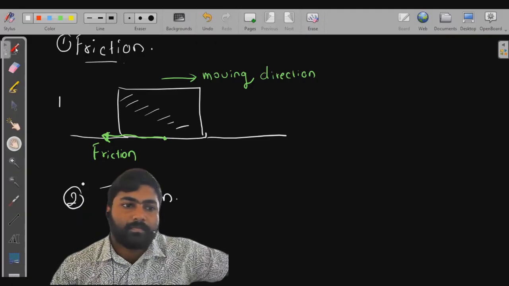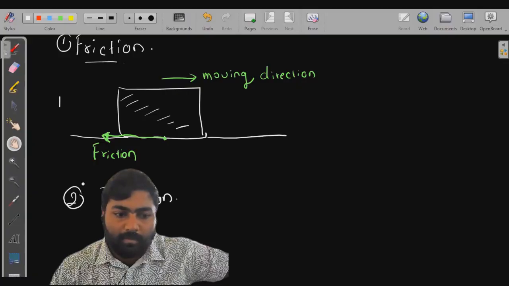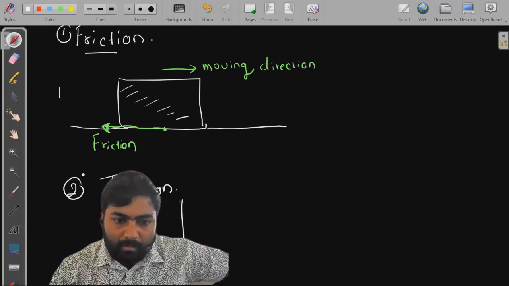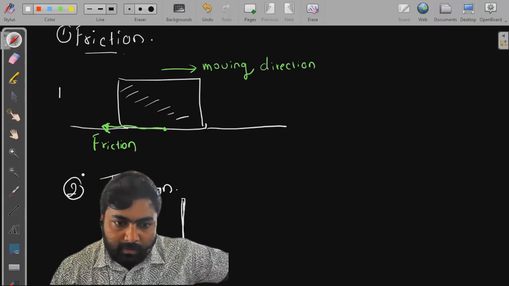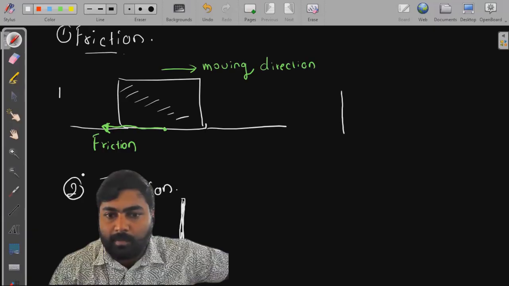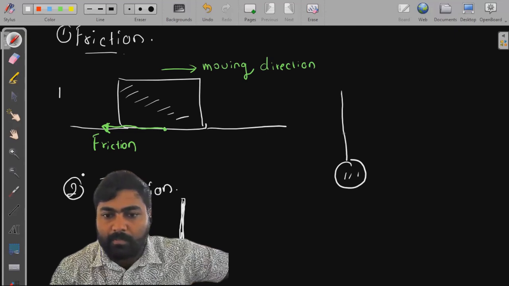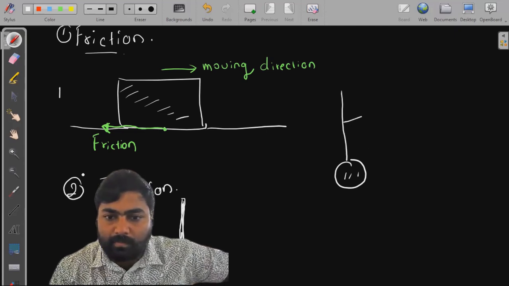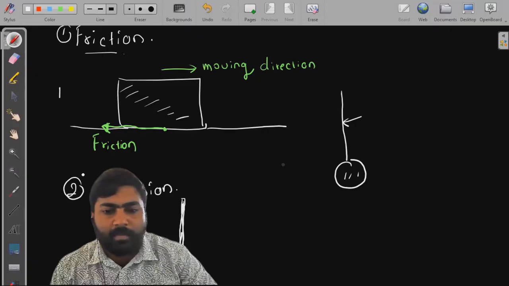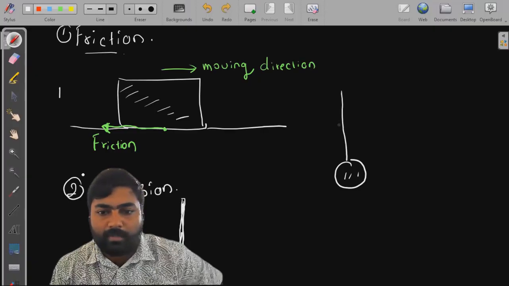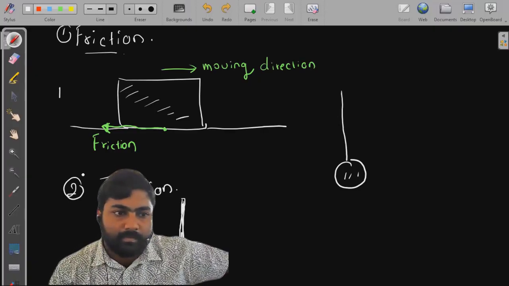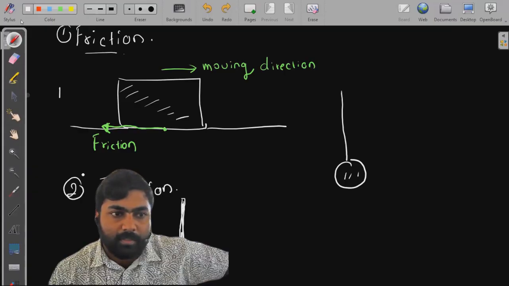No idea, sir. Tension occurs in strings. Think like this. The object is hanged by a string. This is the object. Then the tension forces are applied on this one. Clear?